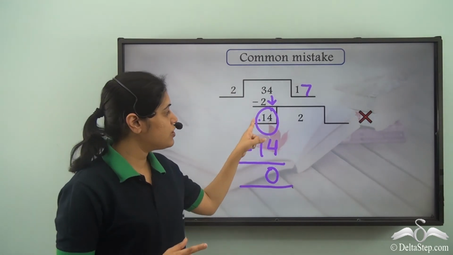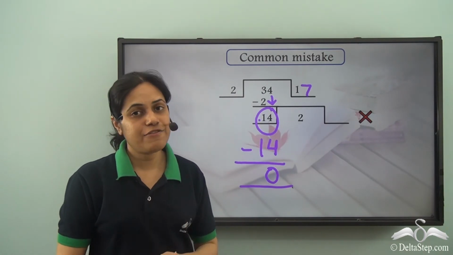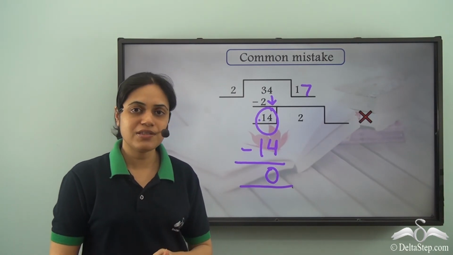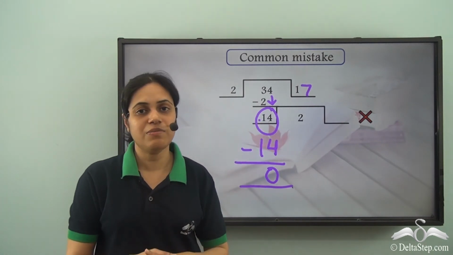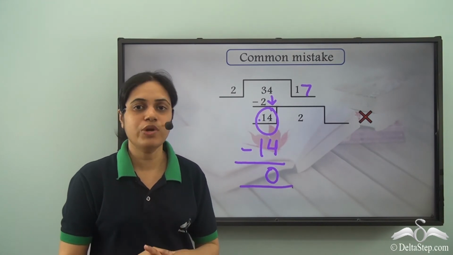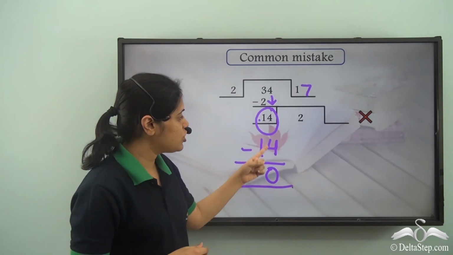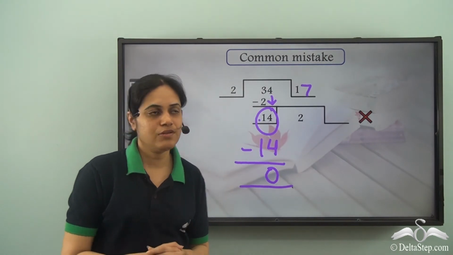So I need to divide this by 2. So the remainder can never be greater than the divisor. This means that when we thought that 14 was the remainder, that was the mistake that we were doing. So you need to be very careful while using the long division method.